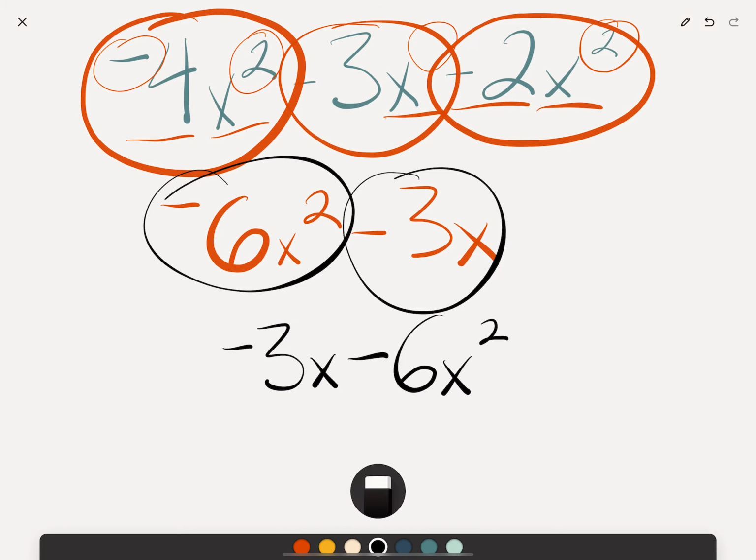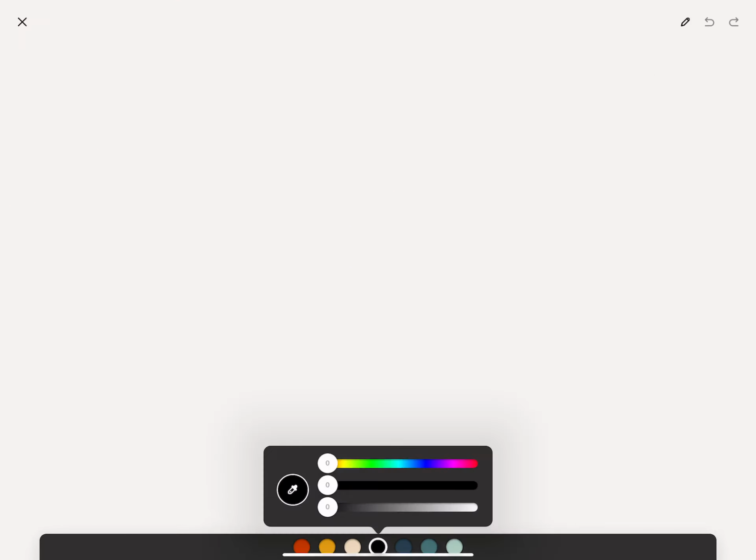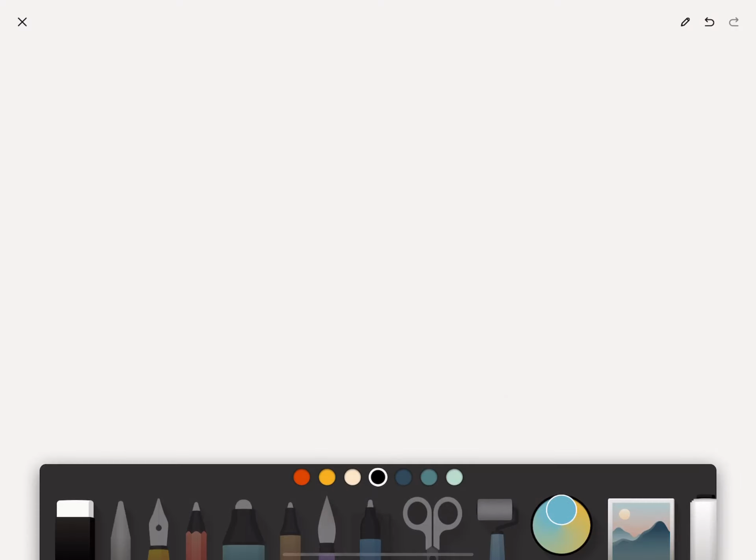Now, I do want to add a quick little example here that I didn't mention that I want to just talk about for a second. If you have a term that is just a number, like 7, I'm just going to throw one out there: 7 minus 6x minus 3. Okay, now we said that like terms must have the same variable.